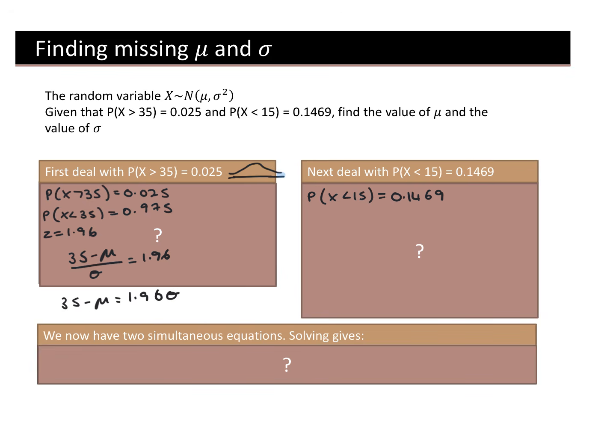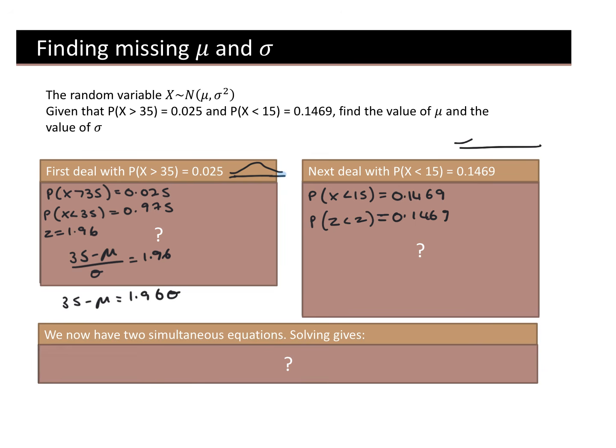What we can do is, this is the same as the probability of z being less than z equals 0.1469. Okay, so we're going to have to find the negative of it, because if we were to draw 0.1469, it's about down here, isn't it? Okay, to find that same number, we can just do the minus of it.